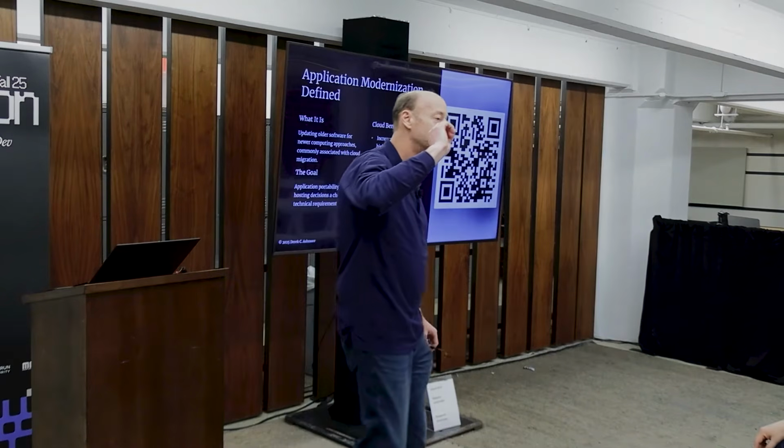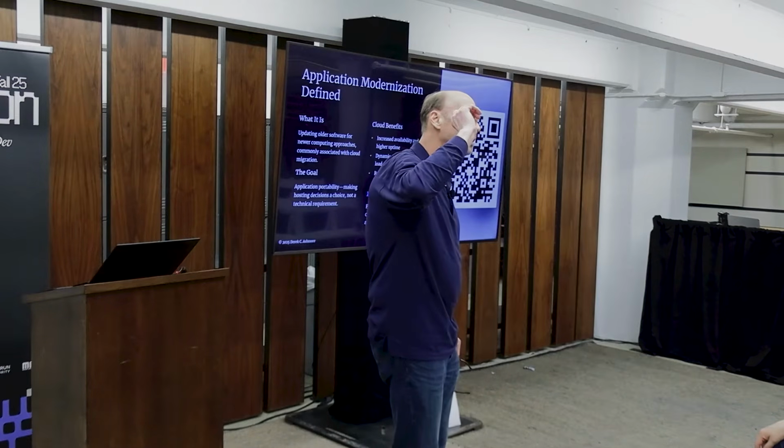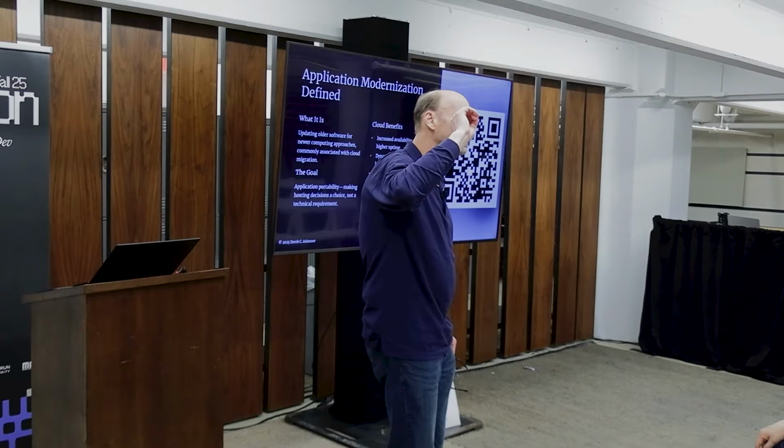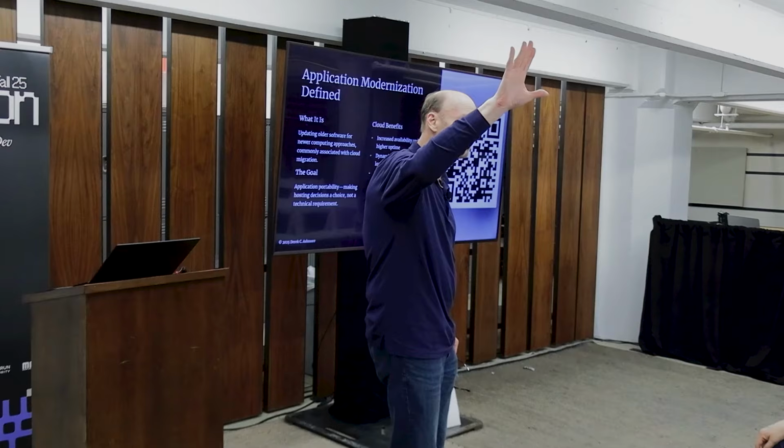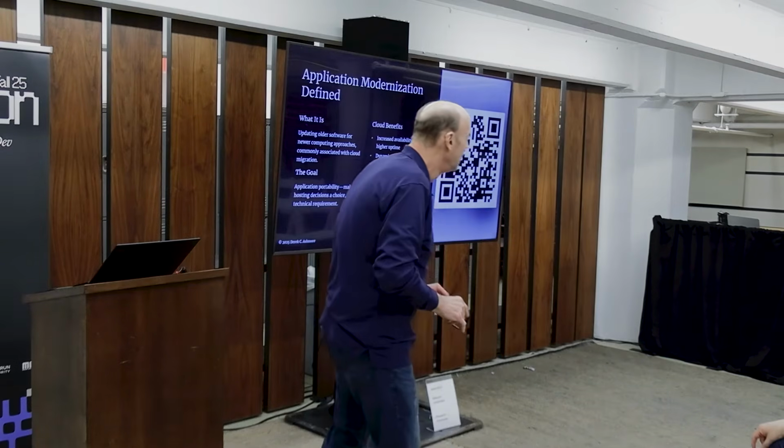Another show of hands. Who is familiar with the concept of a 12-factor app or the 12-factor application principles? Okay, a few people.